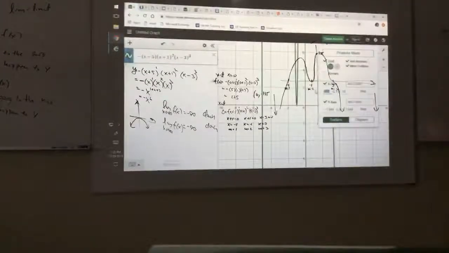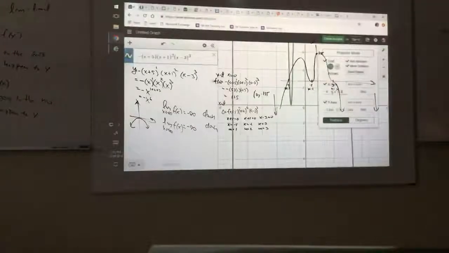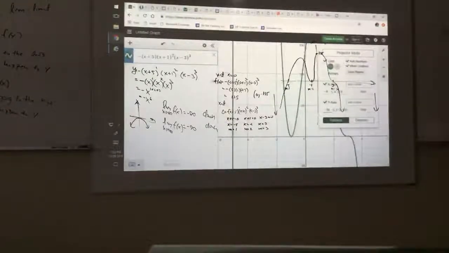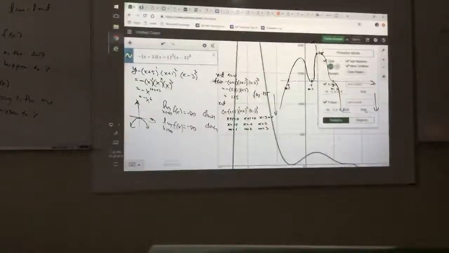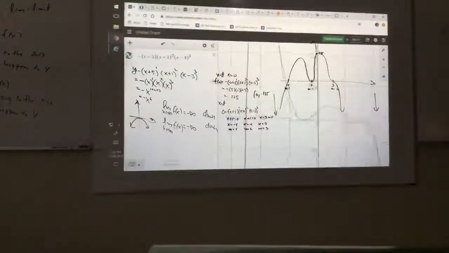It's negative 6 to positive 6, and then this one's going to be positive, maybe 150, and this one may be negative 50, so maybe negative 2,000. If you see that, it's still not high enough at this part. This side is really, really high.